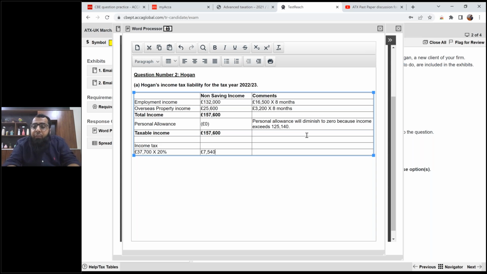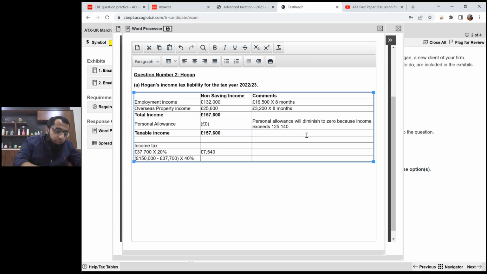So it's 7,540. Then till 150,000, the rate is 40%. So 150,000 minus 37,700, you will apply 40%.